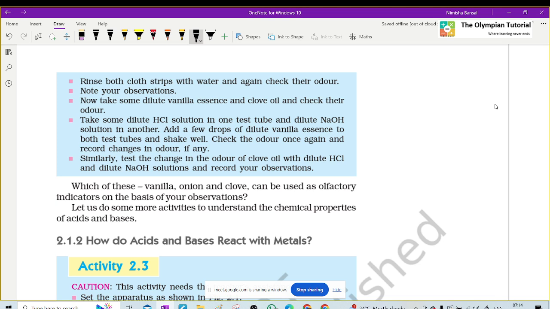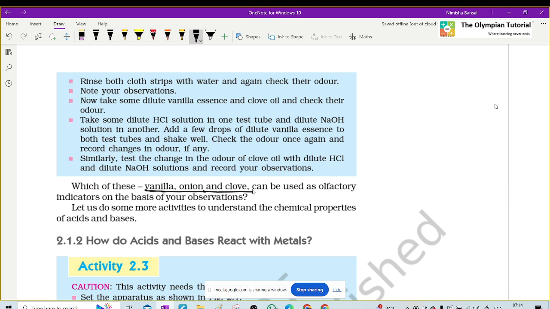Check the odor again and record changes in odor if any. Similarly, test the change in odor of clove oil with dilute HCl and dilute NaOH solutions and record your observations. So here for olfactory, we are using three indicators: vanilla, onion, and clove. As these are olfactory indicators, their smell will vary for acidic and basic medium.